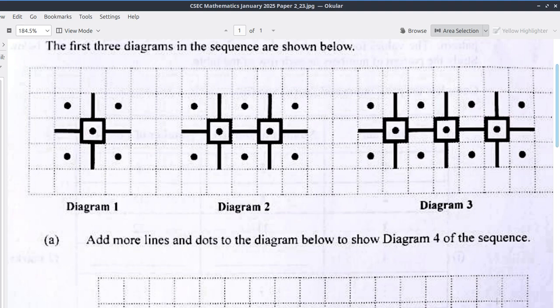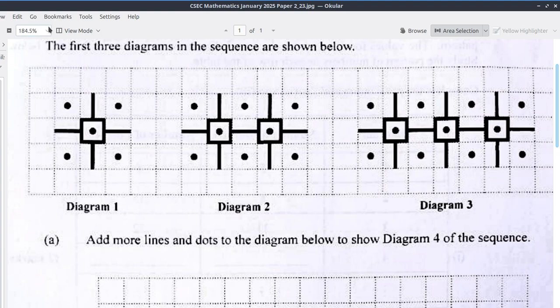And then number of lines. Now, when you added to get diagram 3, how many lines did you add? When you move from diagram 2 to diagram 3, you add 4 lines to make the square. 5, 6, 7.